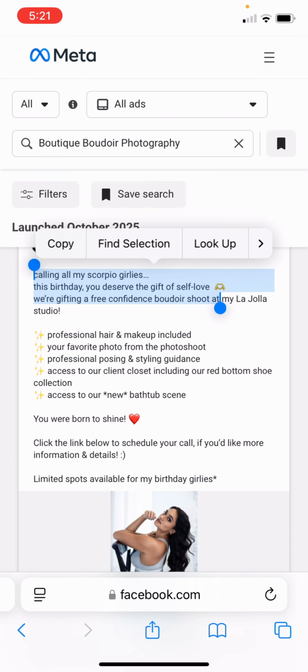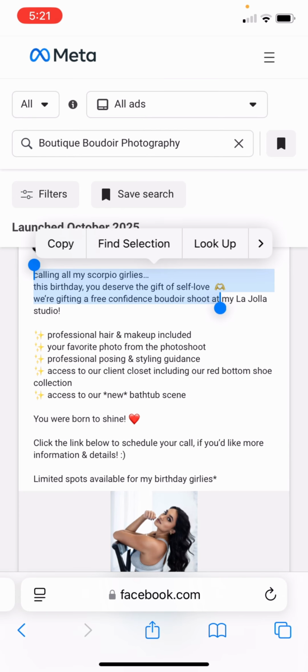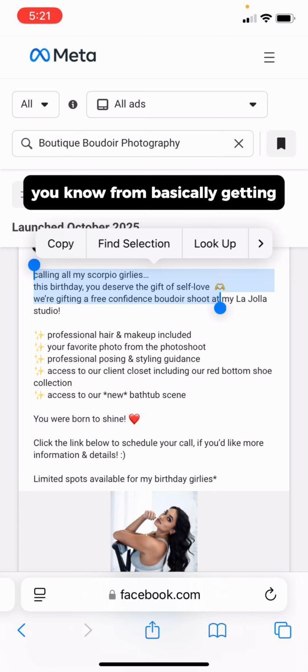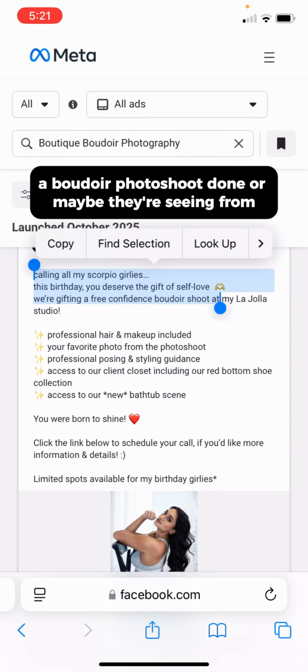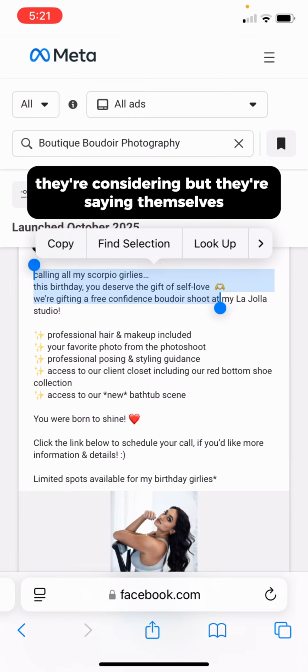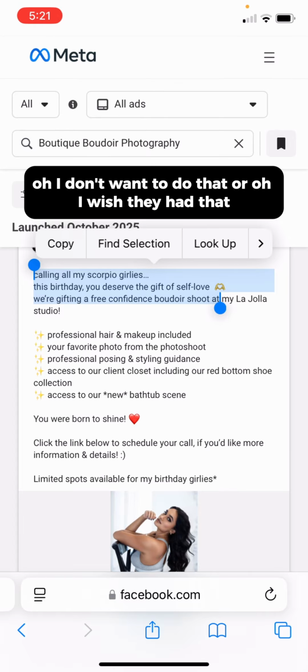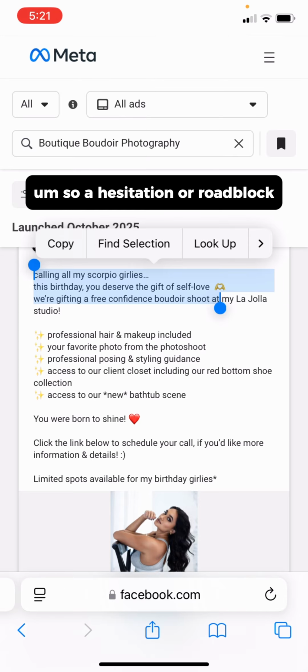So what are women saying in their brains that's stopping them from getting a boudoir photo shoot done? Or maybe they're seeing from other boudoir photographers they're considering, but they're saying to themselves, oh, I don't want to do that, or oh, I wish they had that. So a hesitation or roadblock.